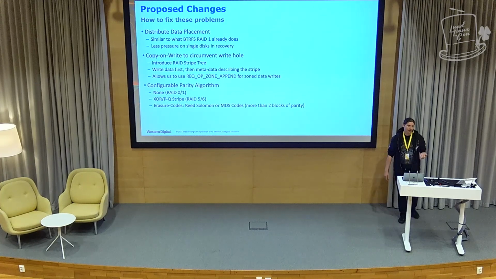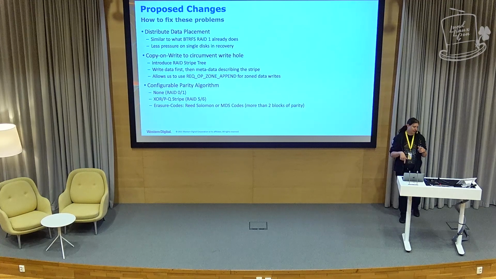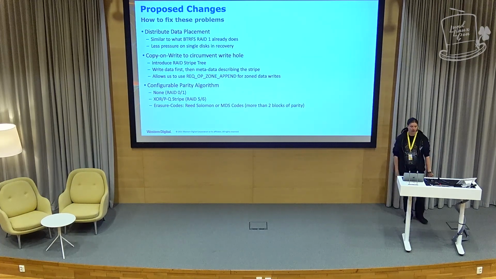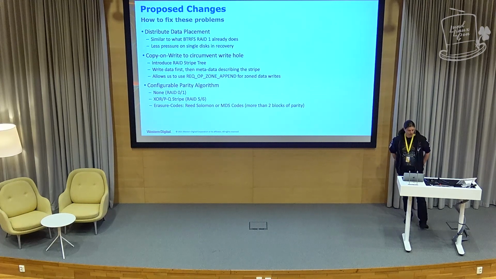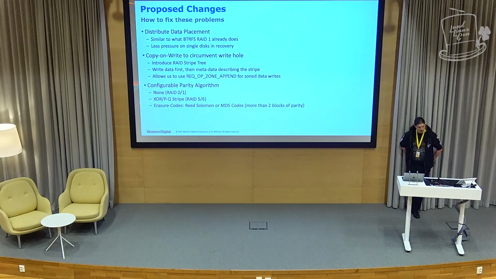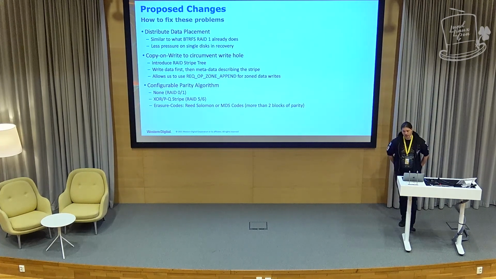So if you have a RAID 1 with 4 disks and one disk fails, we can still evenly spread out the load to the other disks, making it less likely for one of the other disks to die. Then just always copy-on-write to get rid of the write hole. So no more substripe writes, etc.